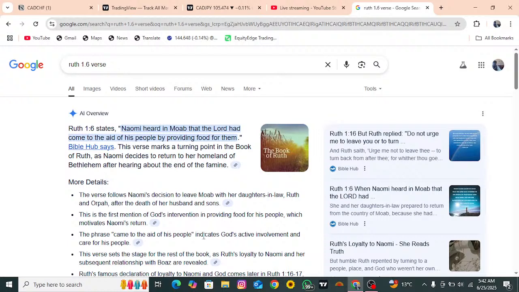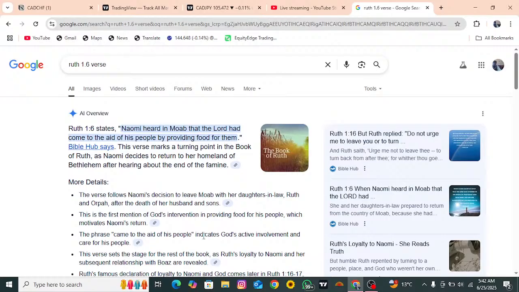In context, this Naomi left Bethlehem because of famine and ran to Moab because in Moab there was food. But Moab contextually was a cursed land, right? And Bethlehem means God's provision, so it was a land that God really blessed.